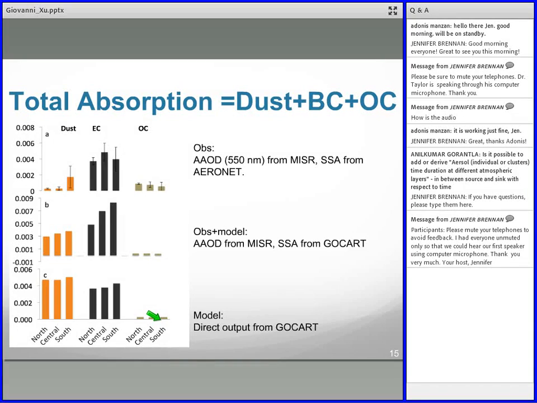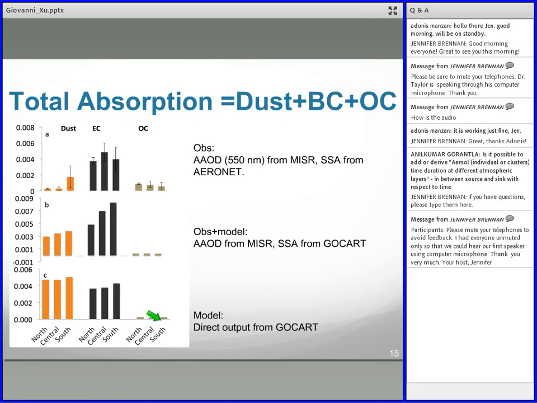Traditionally, we consider organic carbon only as a purely scattering species, and now many lab measurements as well as in situ field campaign measurements are suggesting organic carbon is also a strong absorber in the UV band. So our study actually confirmed this point by using satellite data.